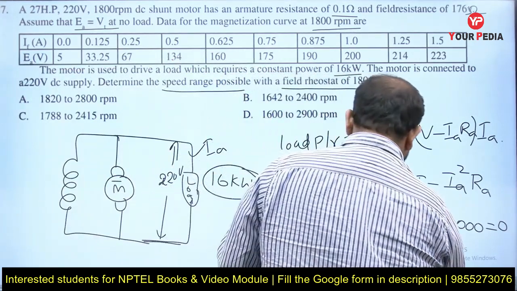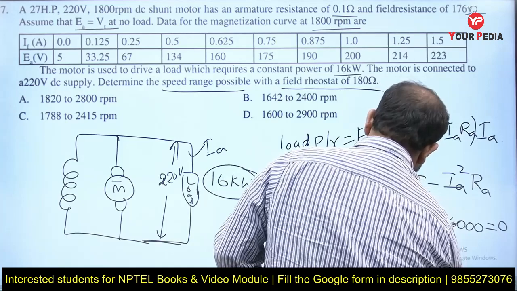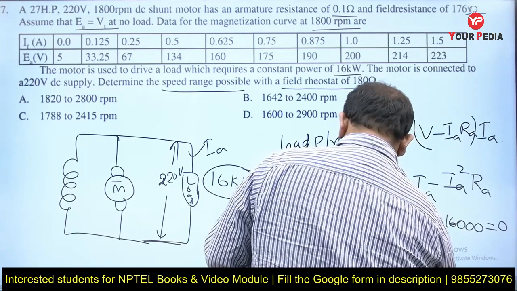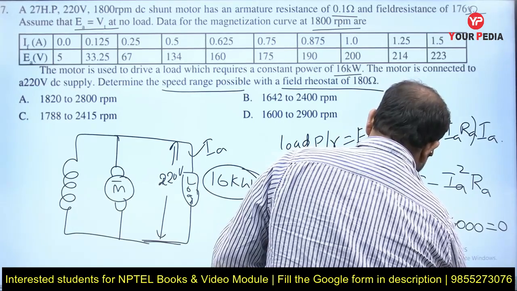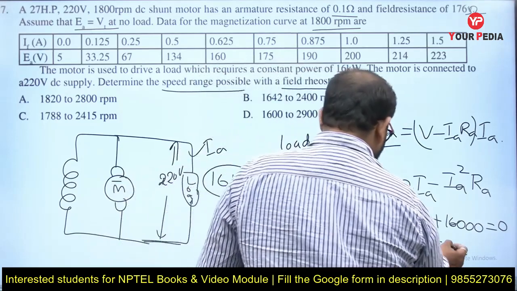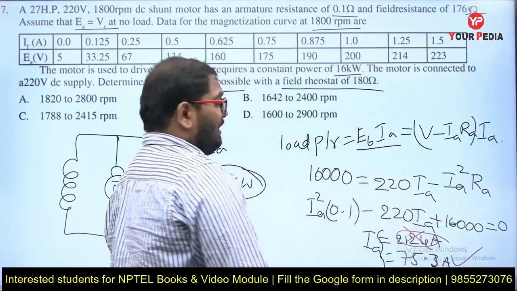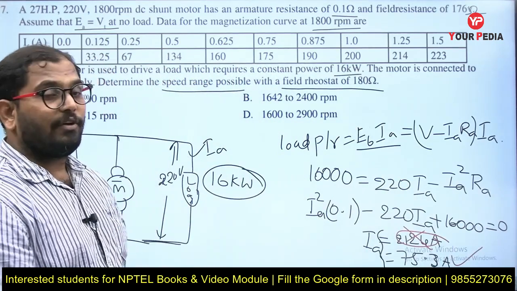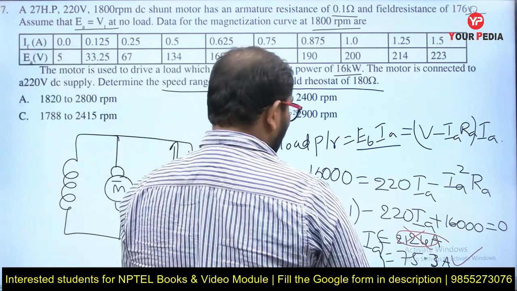The values we will get are 2124 amperes as one value, and another value as 75.3 amperes. Among these, 2124 can be neglected, so the current value is 75.3 amperes.